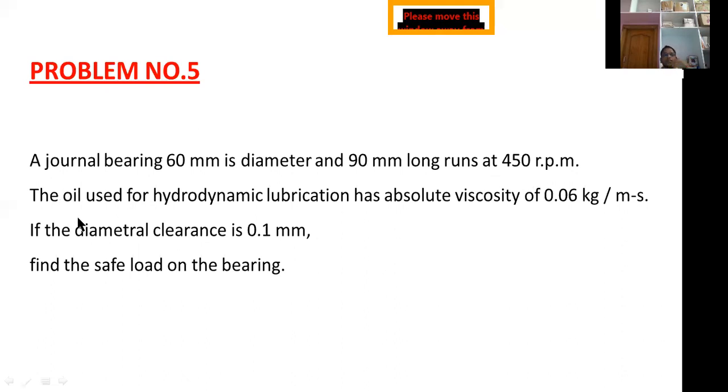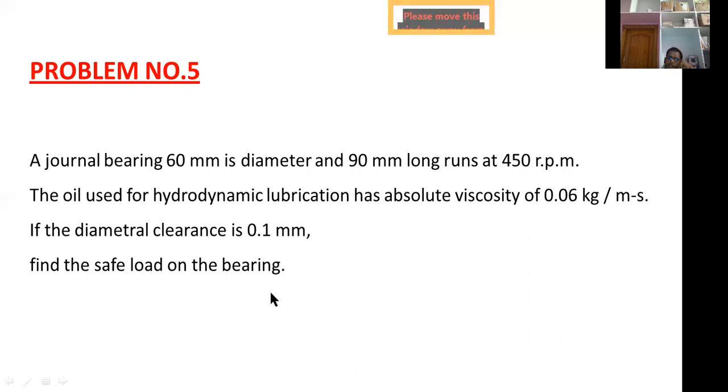The oil used for hydrodynamic lubrication has an absolute viscosity of 0.06 kg per meter second. If the diametral clearance is 0.1 mm, find the safe load on the bearing.